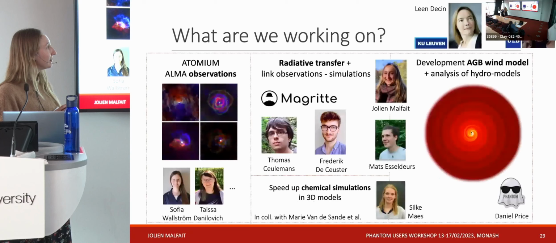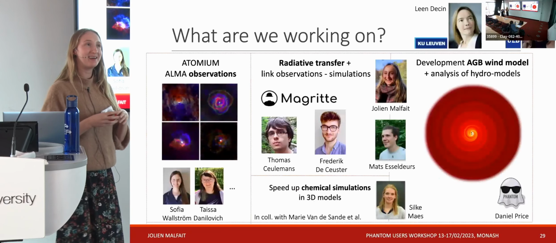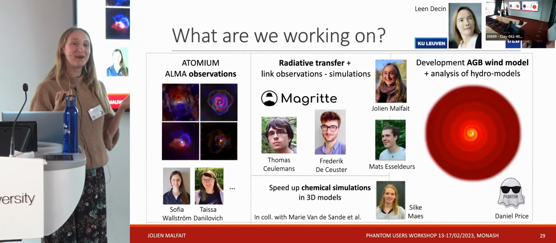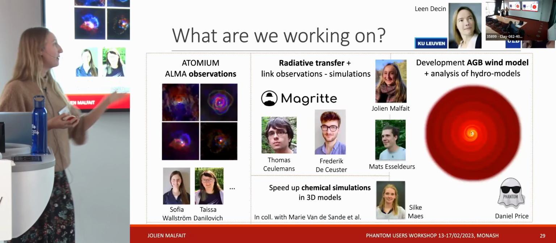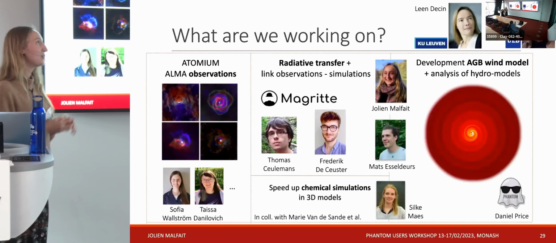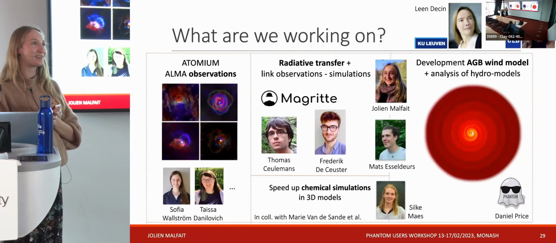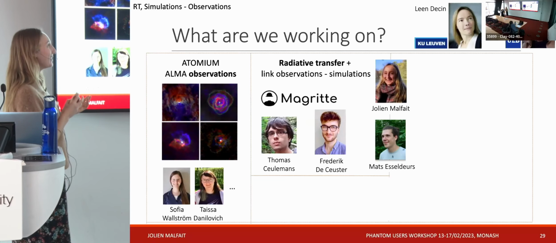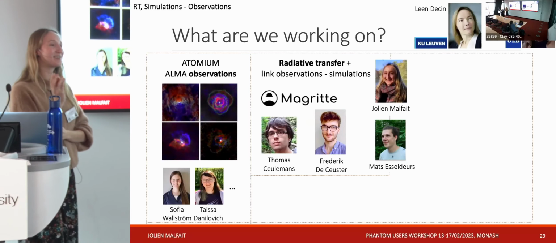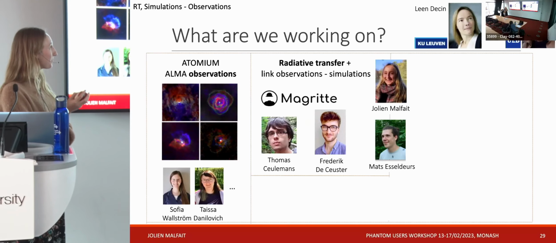So then our final goal is that we want to get a better understanding of these observations by using our simulations. So to couple this, we need radiative transfer. And we're not yet using MC-FOST, we're using MAGRITTE, which is a different code that is also doing a bit different things.